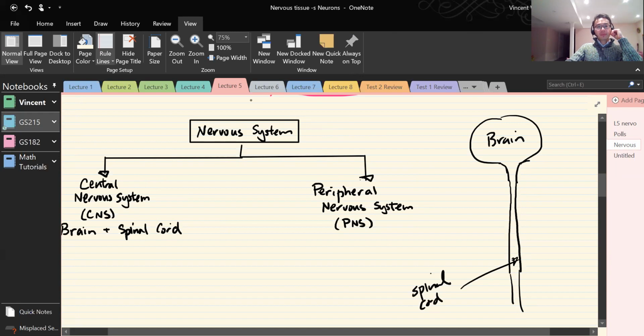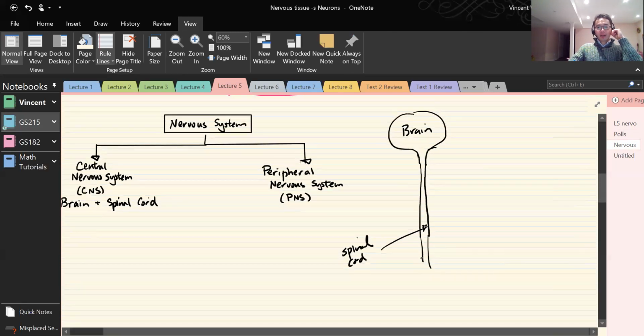Now I don't know if you know, but the spinal cord is going to become like a ponytail down here. Okay, like that. So this whole thing that I draw here looks like, you know, you pull an onion out of the ground and then you hold it upside down. That's what it looks like. This is your central nervous system. That's all there is. Brain plus spinal cord.